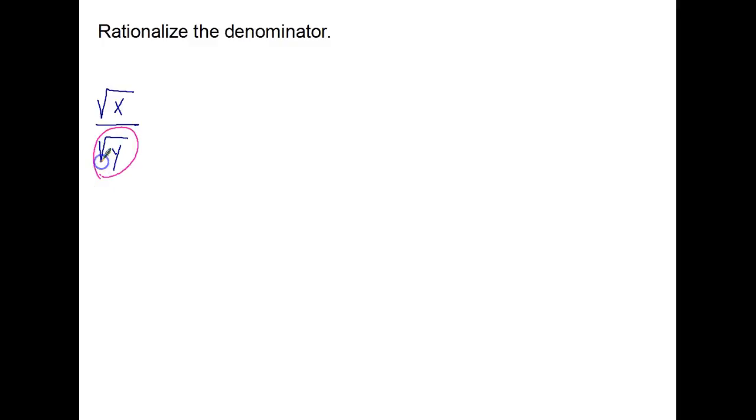You cannot have a square root under your fraction or at the bottom of your fraction. We need to rationalize it to make it a rational fraction.